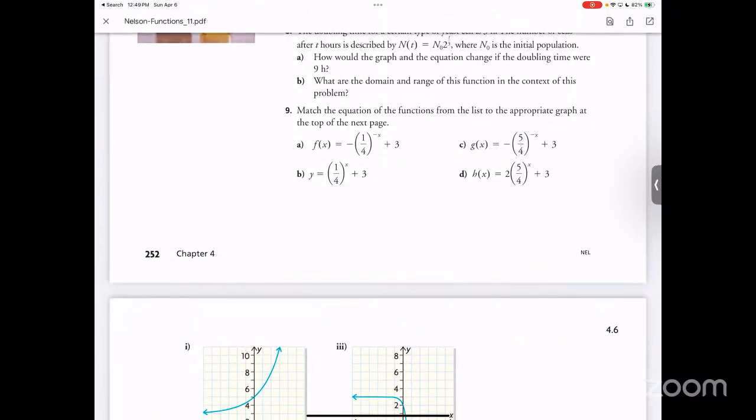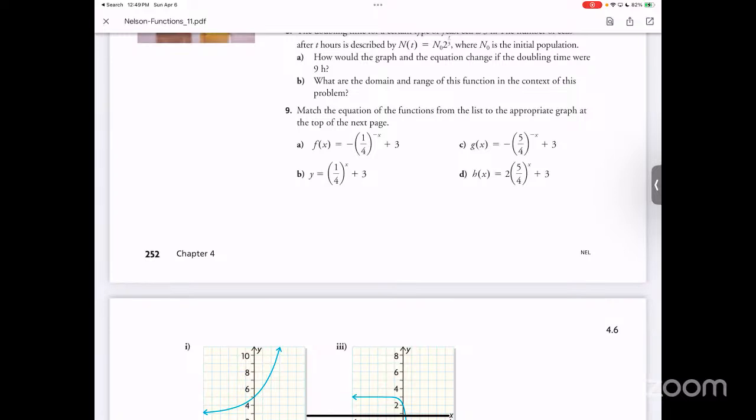All of them have a horizontal asymptote at 3, isn't it? Okay. So if all of them have a horizontal asymptote at 3, then we're going to be looking at something else. What we're going to look at right now is the base function. If you look at the base function, we've got a 1/4, isn't it? Is it growth or decay? 1/4 is growth or decay?